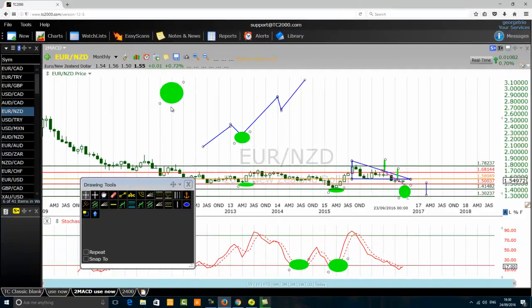The leading currency pair is the Euro dollar, and any currency pair that is positively correlated to the Euro dollar will go up together with the Euro dollar and will go down with the Euro dollar, with a few exceptions.